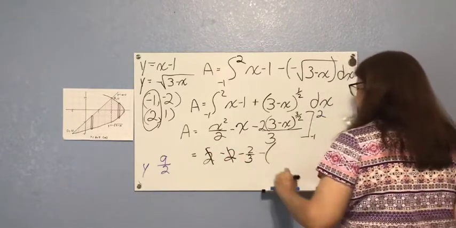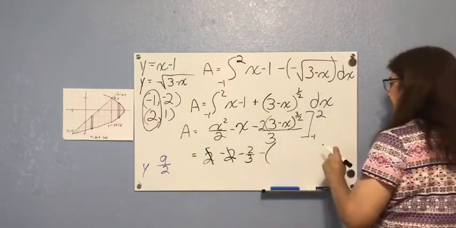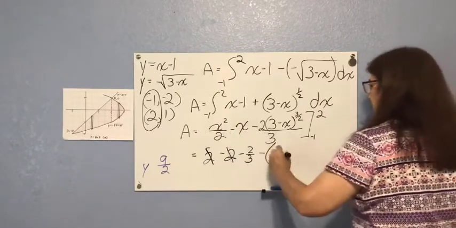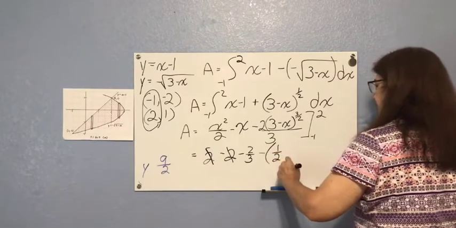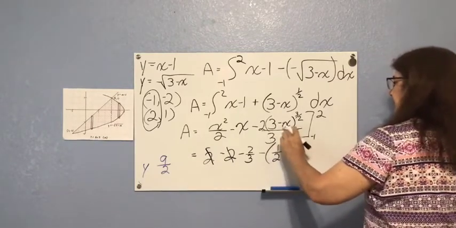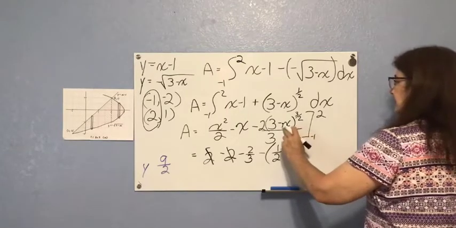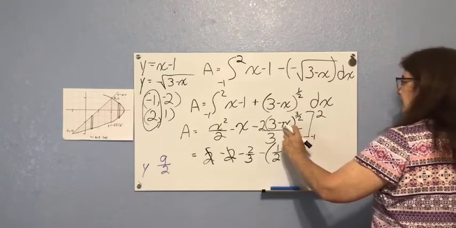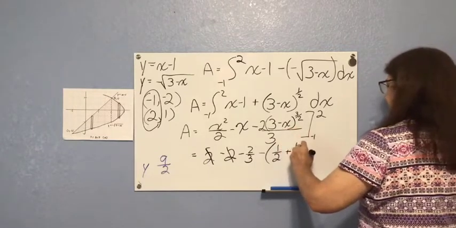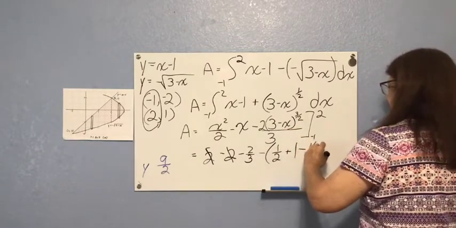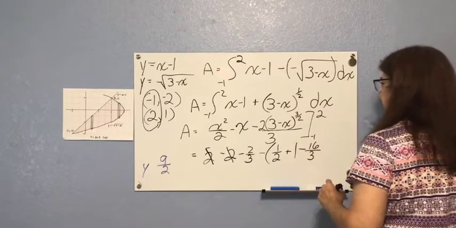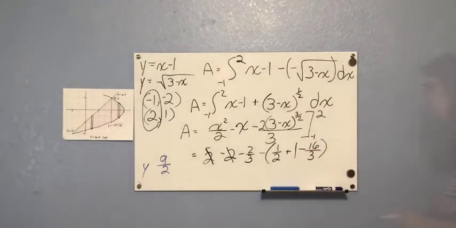Now I'm going to subtract the values at -1. So this is going to be 1/2. This is going to be plus 1. And then this part, when I put -1 in here, I get 4. 4 to the 3/2 is 8, so I have minus 16 over 3.